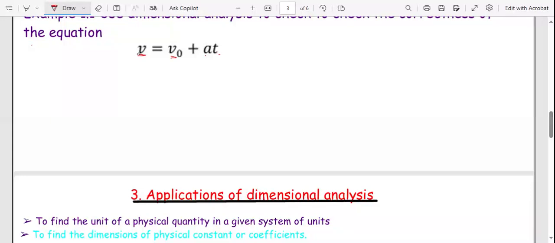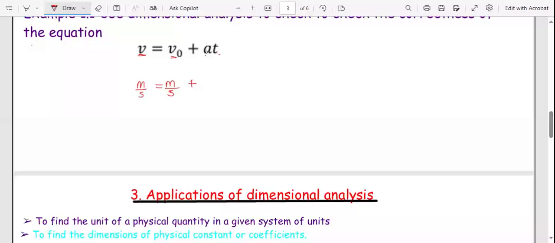The unit for velocity is meters per second. The initial velocity is also meters per second. I like writing it like that.